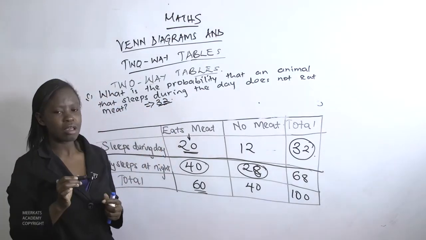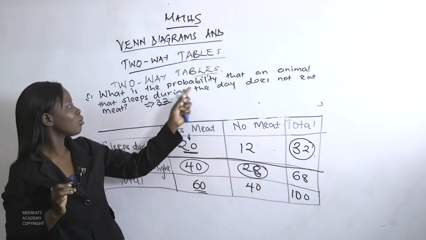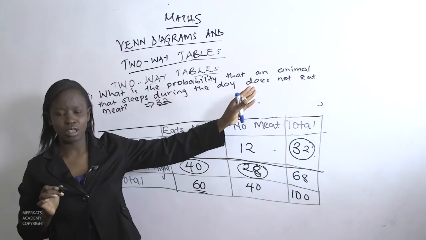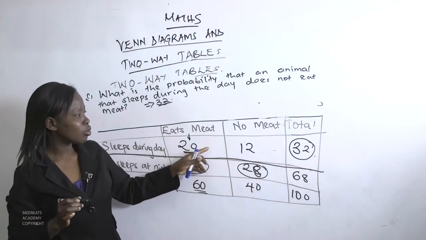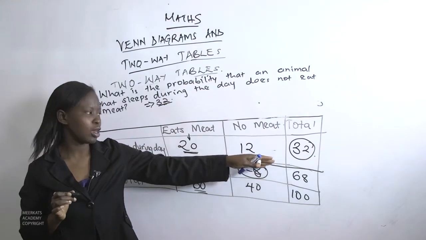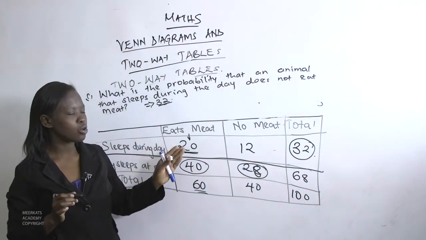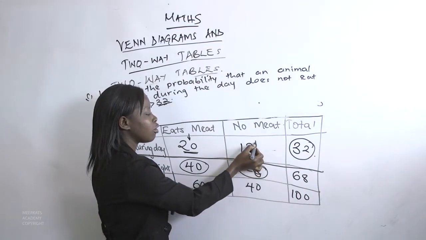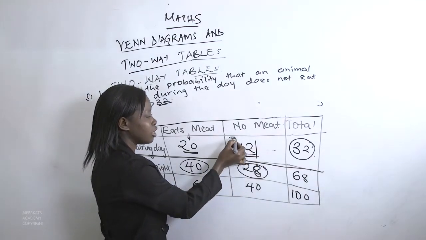The question is, what is the probability that the animal selected sleeps during the day but does not eat meat? So among the 32 animals that sleep during the day, how many of them do not eat meat? And we discover from the table that 12 of these animals do not eat meat.